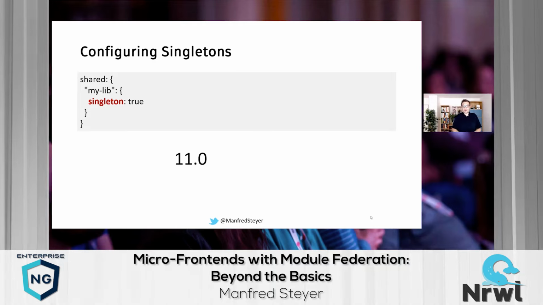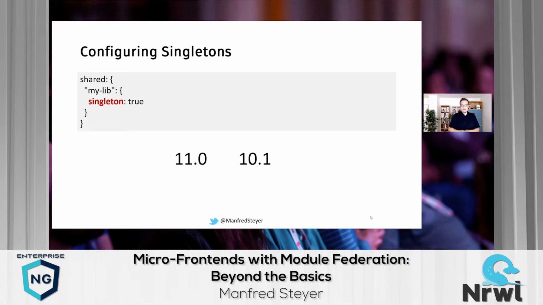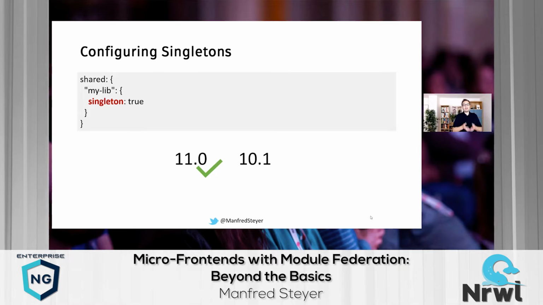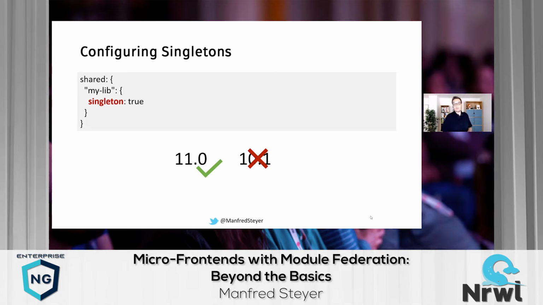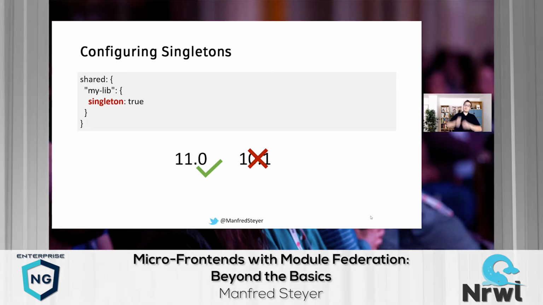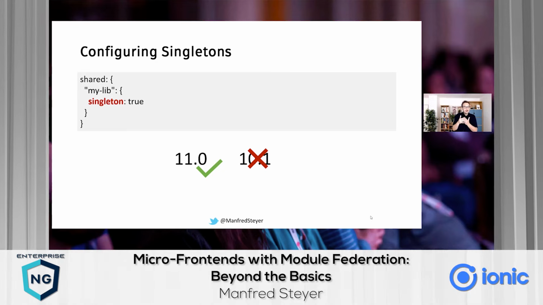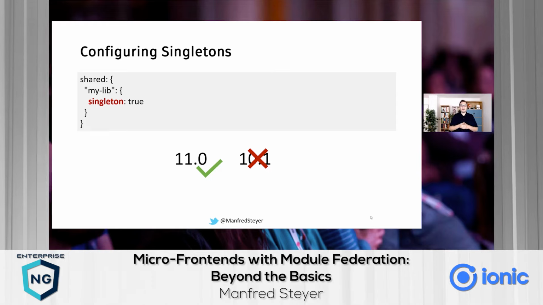Let's say we have version 11 here and version 10 there, or 10.1. Now, only the highest version is loaded. Even though it does not need to be backwards compatible, only the highest version is loaded and shared. And you will get a warning on the command line. A warning telling you something like this: hey, are you sure you know what you are doing? This might be a huge issue.